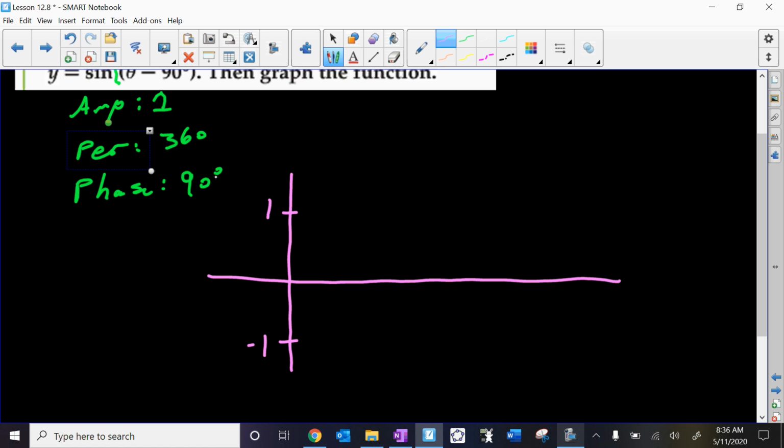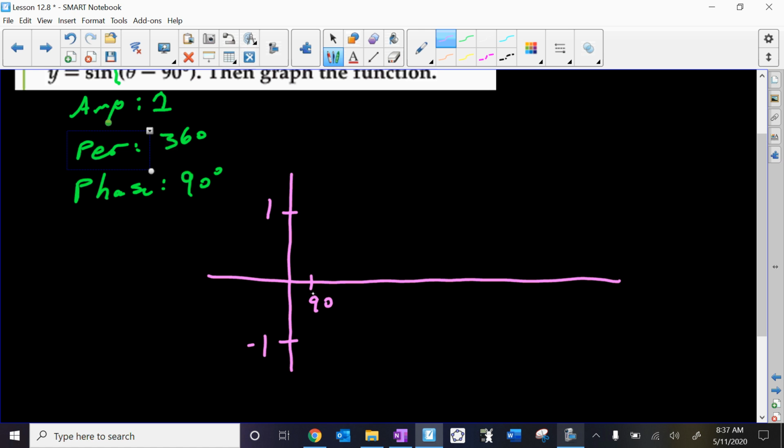Normally on a sine function, we start at 0. Well, since I'm translating it 90 degrees, I'm not really starting at 0, 0 anymore. I'm now going to start at 90 degrees, comma 0, because I shifted my entire function 90 degrees to the right.